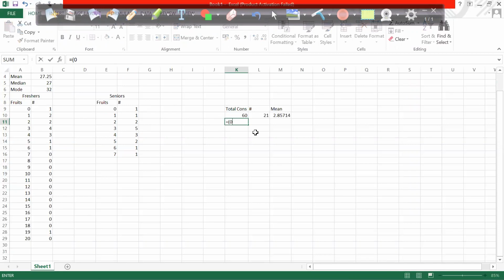So 0 into 1 plus 1 into 1 plus 2 into 2 plus 3 into 5 plus 4 into 3 plus 5 into 2 plus 6 into 1 plus 7 into 1. So the total value comes out to be 55.